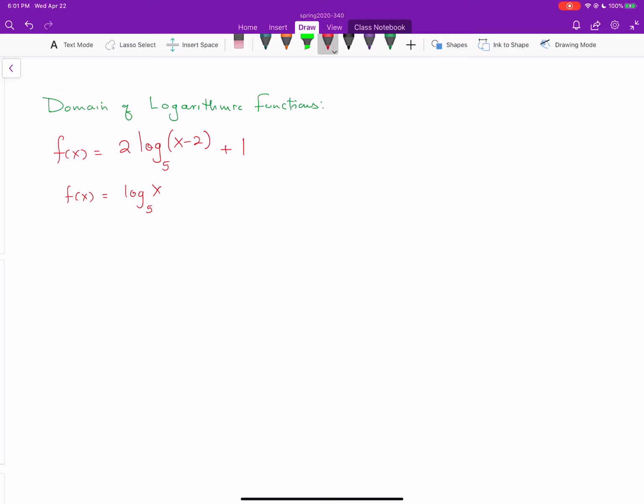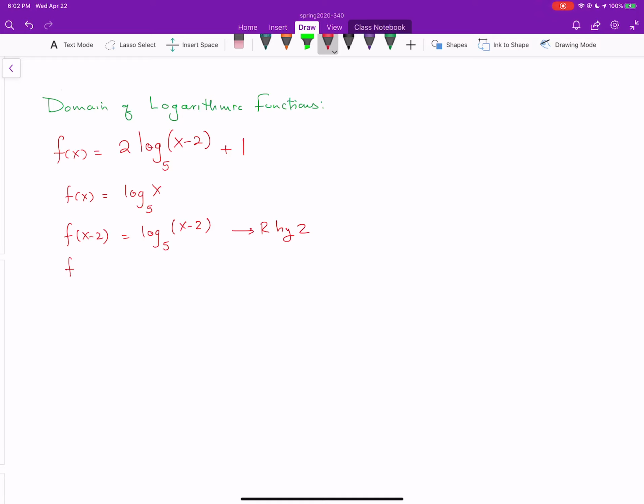Now let's see how the set of transformations leads us to arrive at what f of x is right now. Clearly you can see that there's a horizontal shift to the right. So I get log 5 of (x minus 2). So it's a horizontal shift to the right by 2.